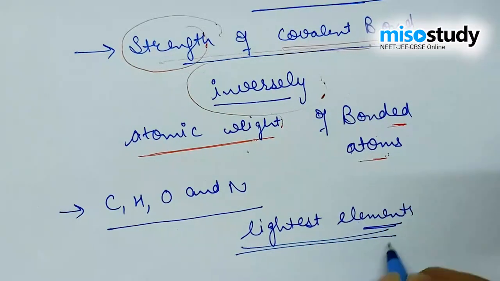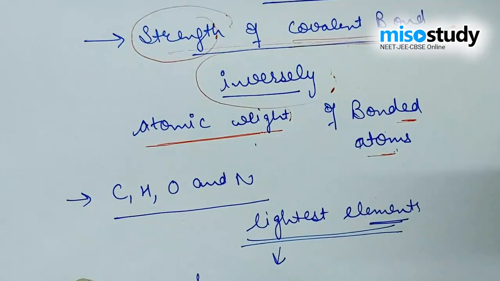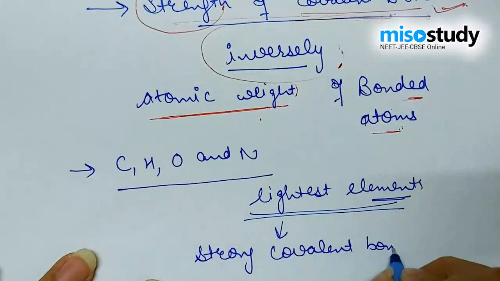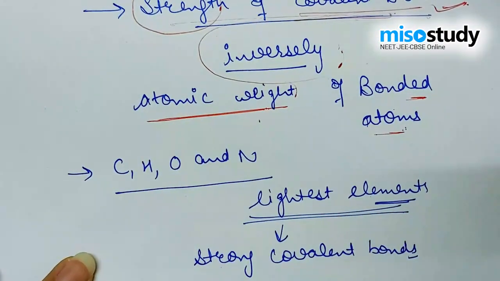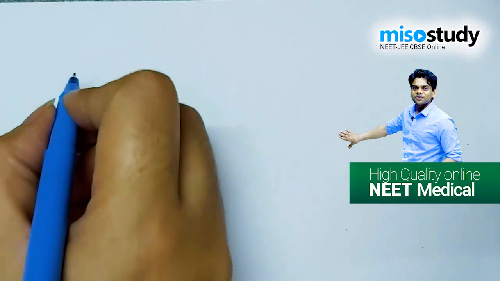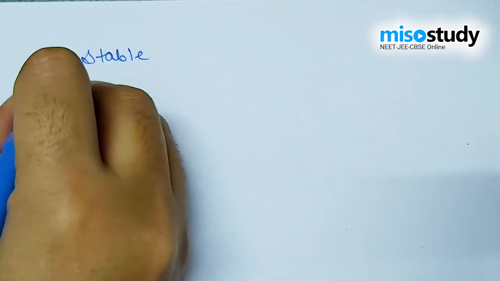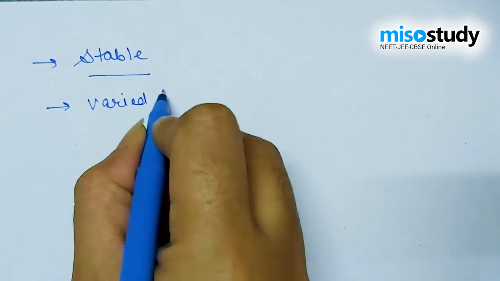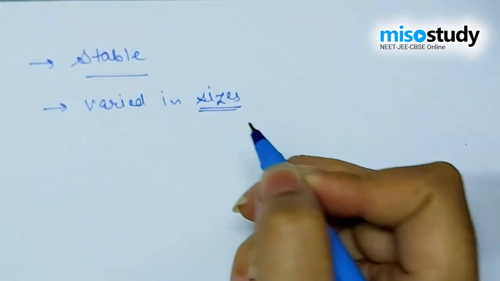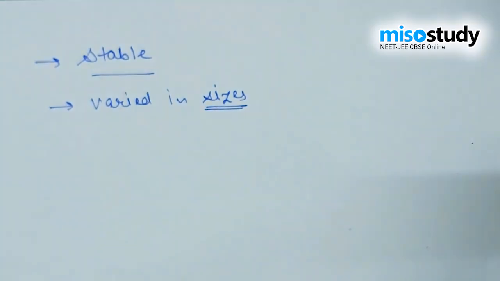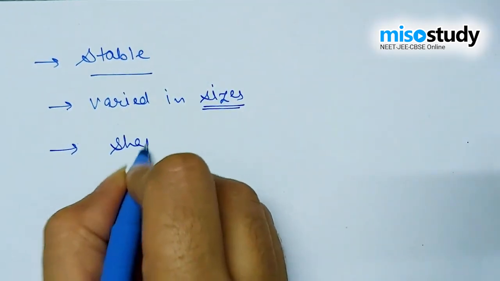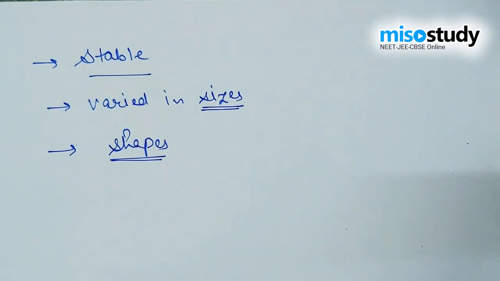Even though they are the lightest, they form strong covalent bonds with other atoms and with functional groups. By forming covalent bonds, these atoms form stable compounds that vary in size because of the involvement of other bonds and functional groups, and they vary in shape, so they prefer forming various shapes.